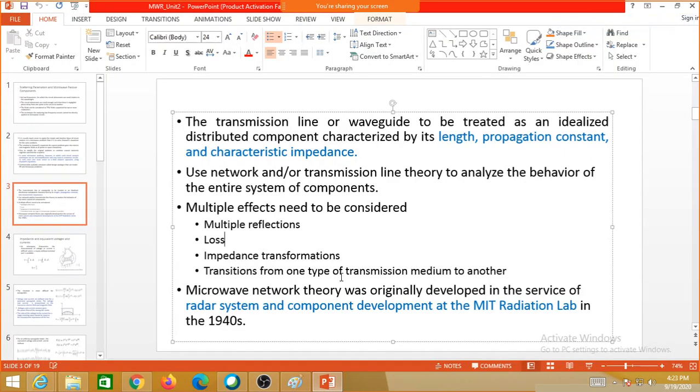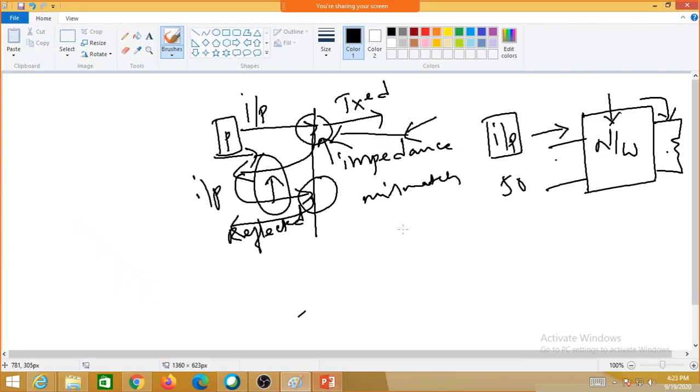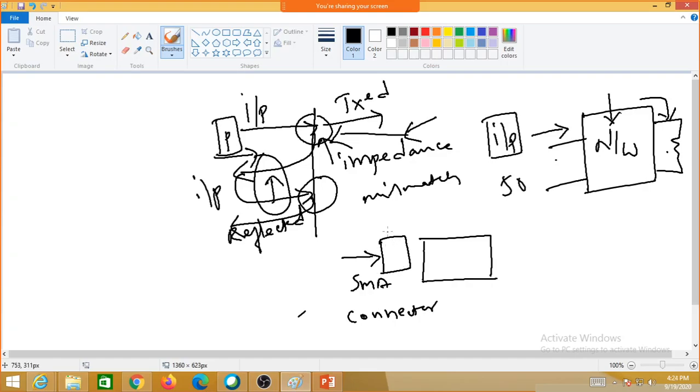And also transmission from one type of transmission medium to another. What is meant by that? Say for example, I have a two conductor transmission line, and I take an SMA connector, which is a coaxial connector.